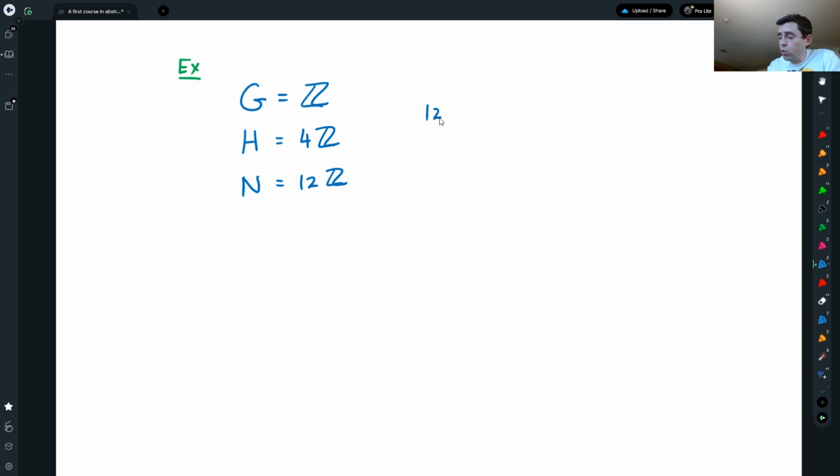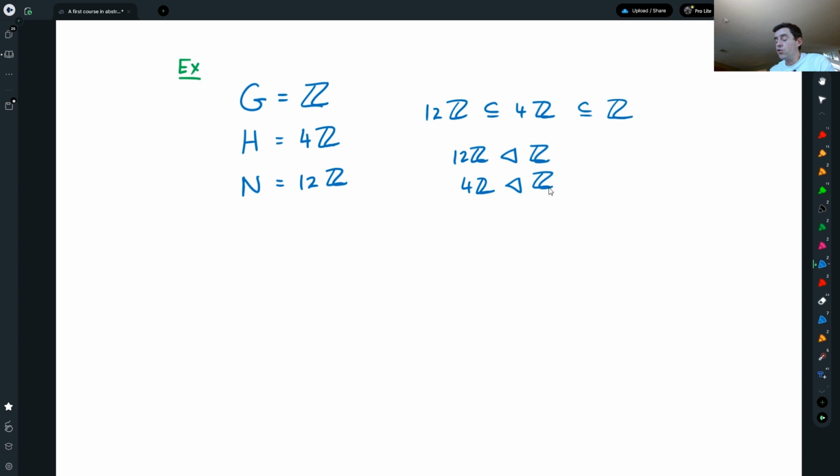So the multiples of 12 are in particular multiples of 4, and the multiples of 4 are integers. So there is an inclusion like that. And every subgroup of an abelian group is normal. So these are normal subgroups of the integers, so I can do quotients.